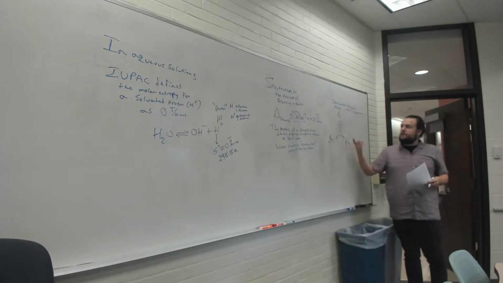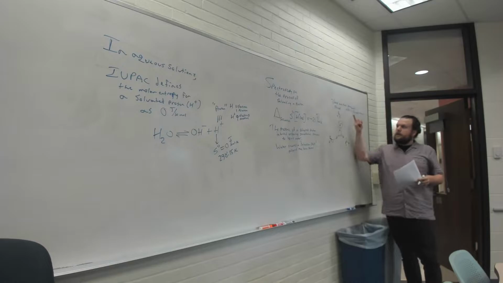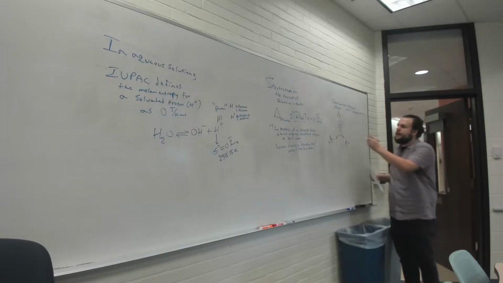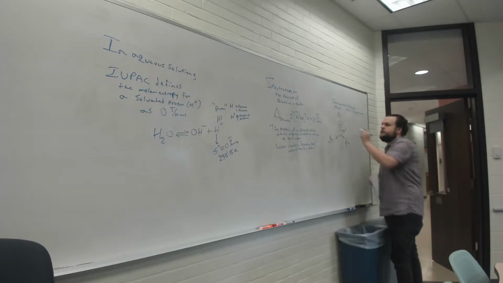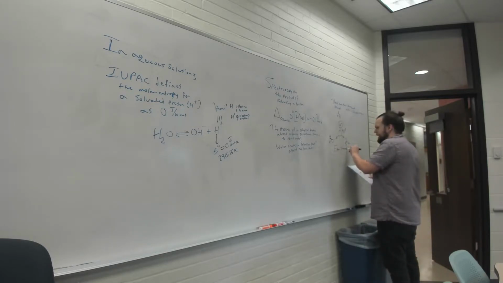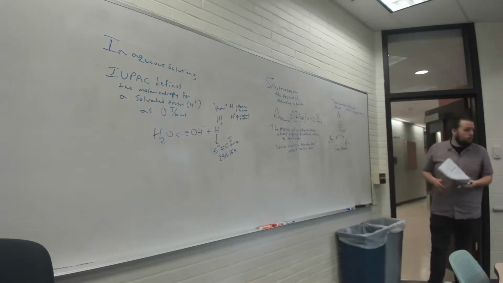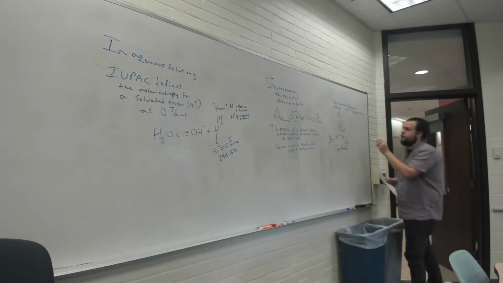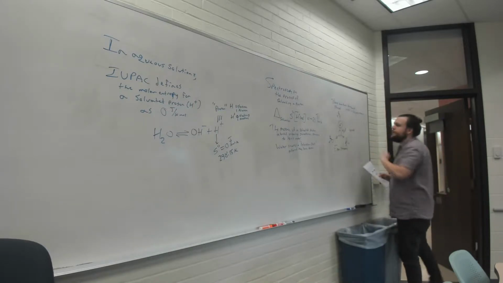So a solvated proton, the solvation shell has 4 equivalents of water, 1, 2, 3, 4, and you have a central H3O+ motif in the middle. And this is what's called the Eigen structure, after a man named Eigen, I think. That's one of the common structural motifs you see in liquid water with a proton, acidic water.